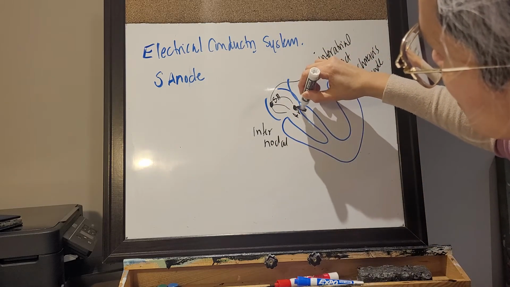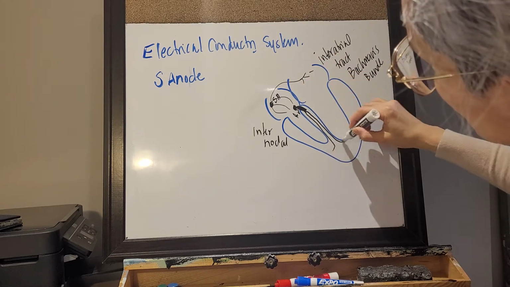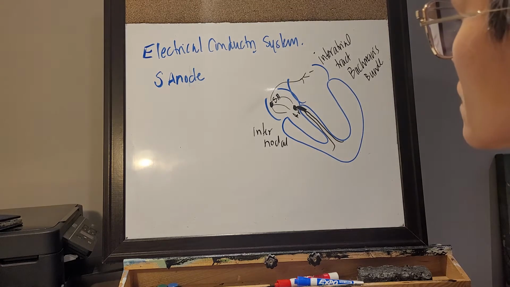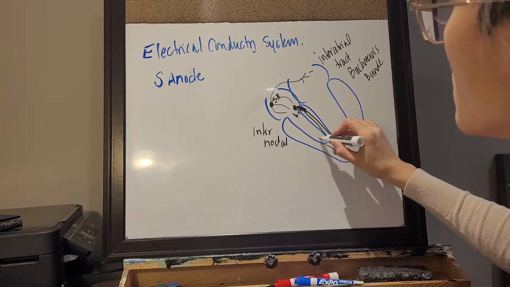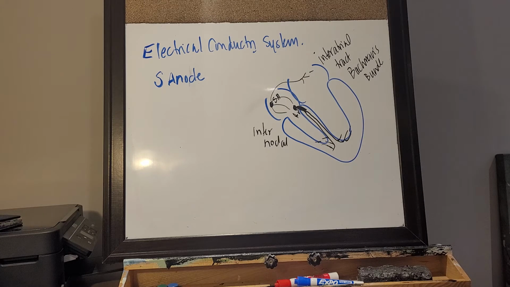Then we have a His bundle, and then we have a right and a left bundle branch, which travels down the interventricular septum. And then at the end, we have a Purkinje system where these tiny little tracts feed the bottom of the ventricle.